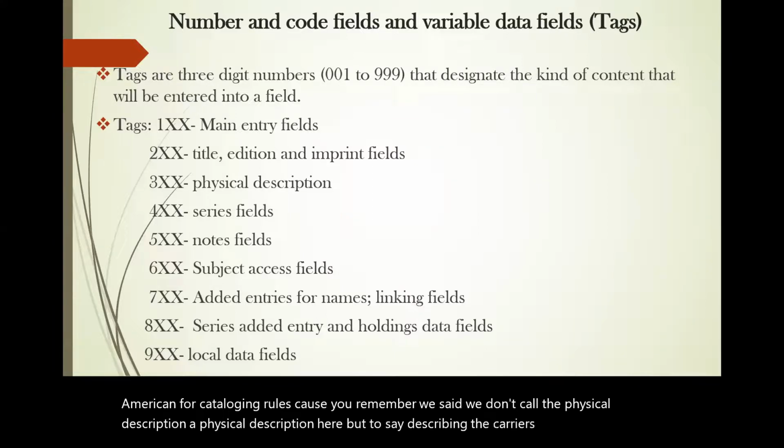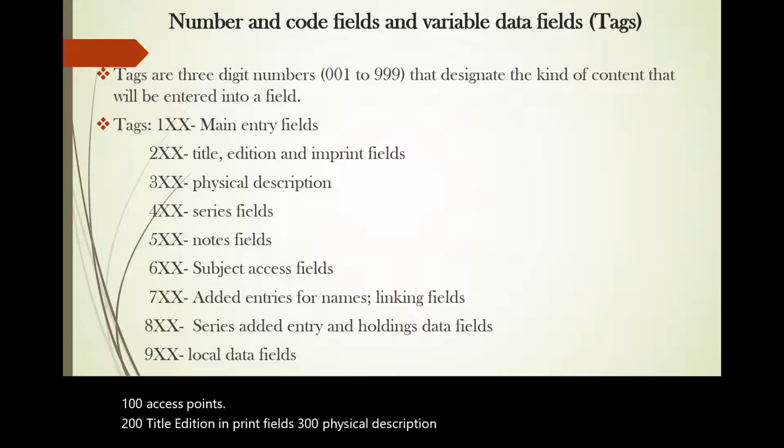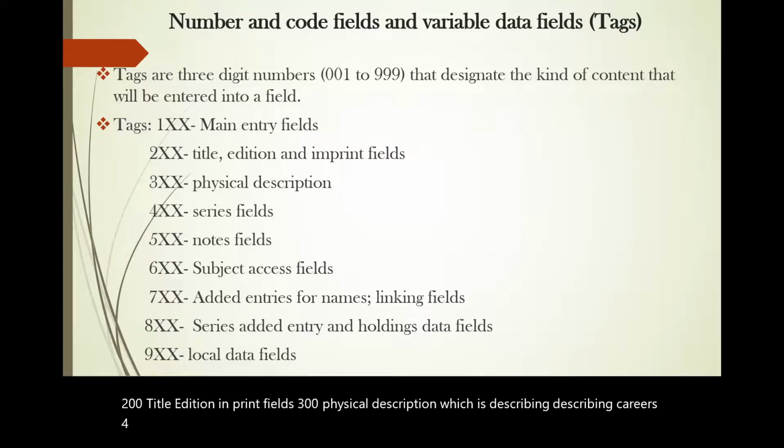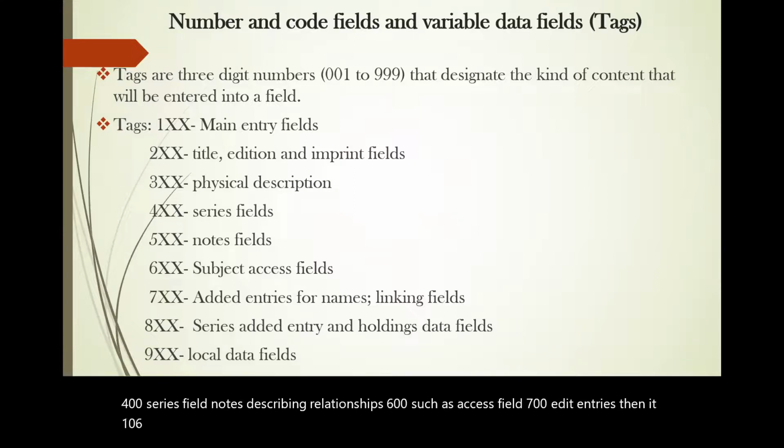So, there are 100 access points, 200 title, edition, imprint fields, 300 describing carriers, 400 series field, notes describing relationships, 600 subject access field, 700 added entries, then 800 series added entries and holding data fields. Then we have 900 local data fields.